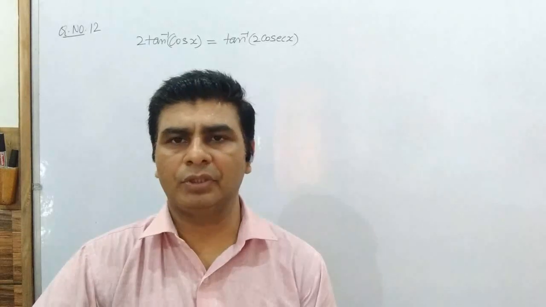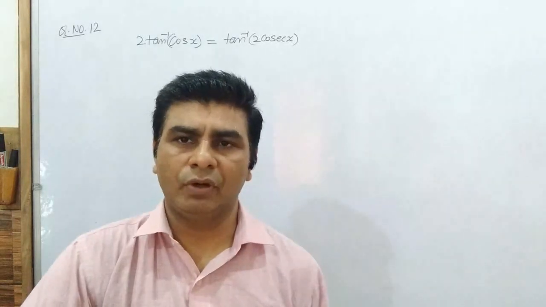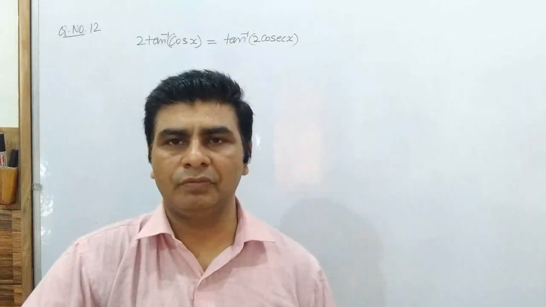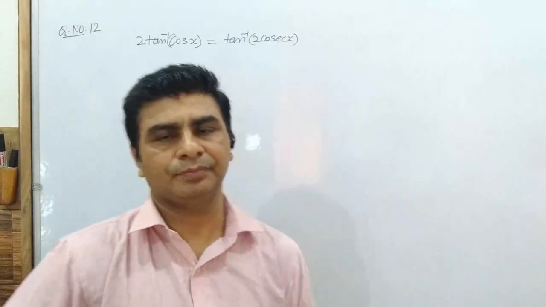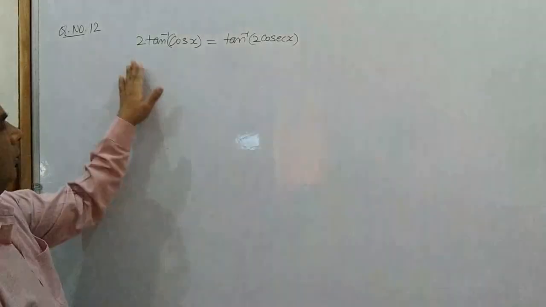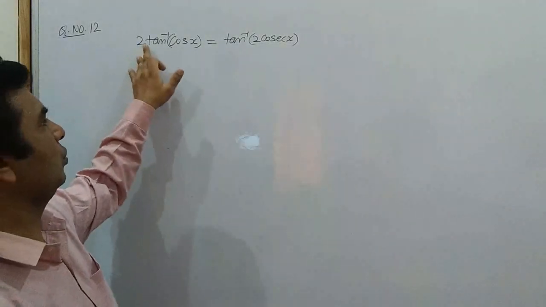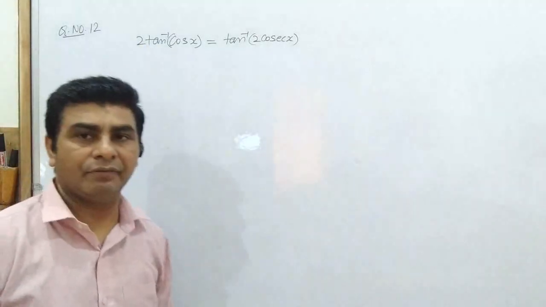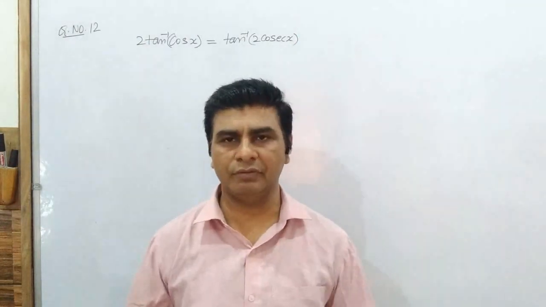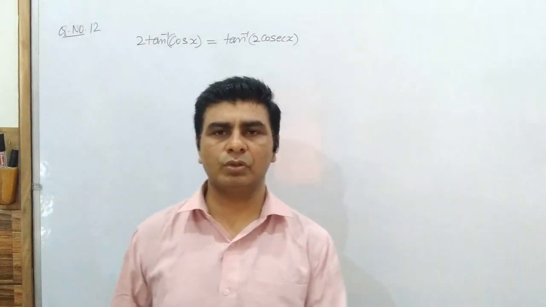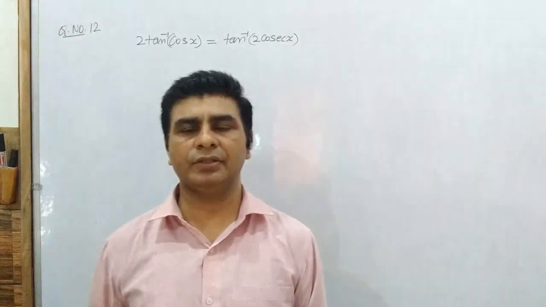Solving means the variable involved here is x, and we want to find the value of x. What can you do for that? Because the left hand side is in the form of 2 tan inverse x, and we have a formula for 2 tan inverse x. It is given by tan inverse 2x upon 1 minus x square.